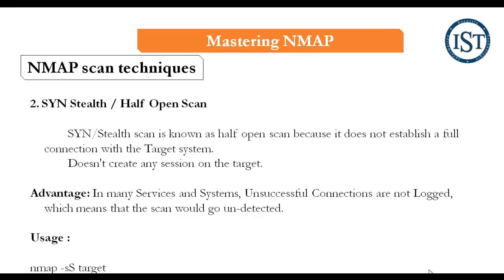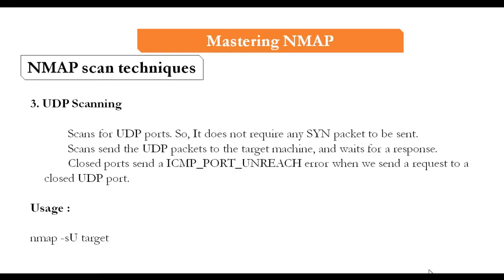The next one is UDP scanning. As we discussed, the TCP connect scan can be used only for TCP ports. If you want to scan for UDP ports, you can use UDP scanning. It doesn't require any SYN packet to be sent, since we are not scanning TCP ports.